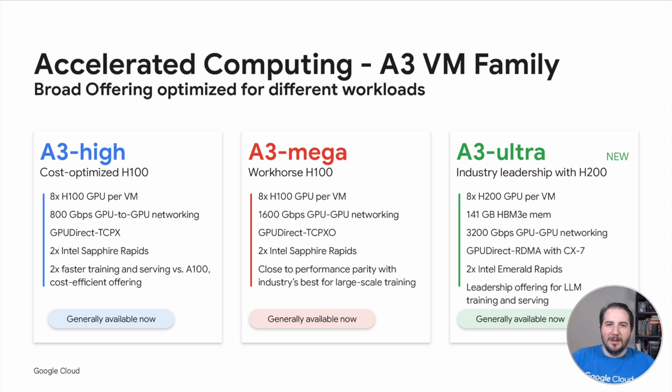For example, the A3 Ultra might be optimal for high network I/O workloads versus the A3 High for single node or single GPU performance. We also announced Google Cloud's launch of the A4 VM at GTC this year, and A4 VMs are powered by B200 GPUs and offer 2.25 times the performance of an A3 High VM at peak. You can learn more about the A4 VMs on our website or in its dedicated GTC session.